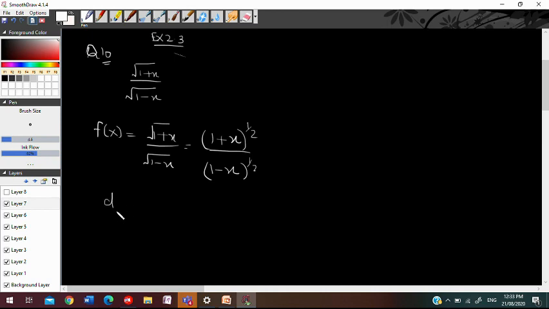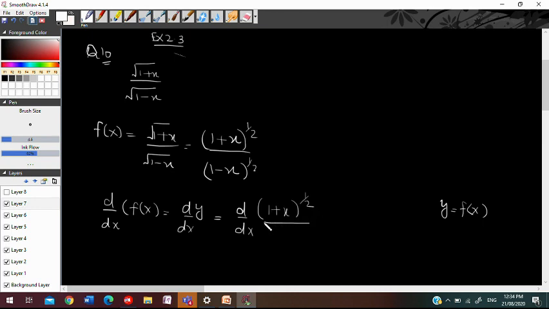Now when we apply derivation, d by dx of f of x, or we also write it like dy by dx, because y is a function of this f of x, and f of x is equal to this given function. So dy by dx is equal to d by dx of this function, 1 plus x power 1 by 2 divided by 1 minus x power 1 by 2.